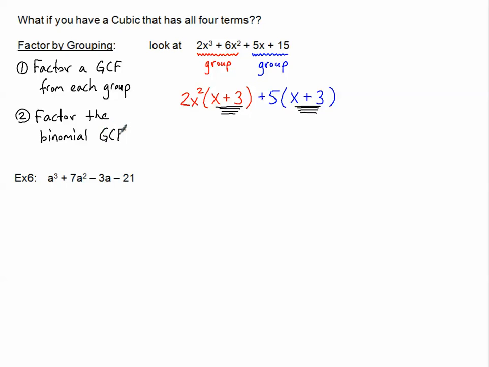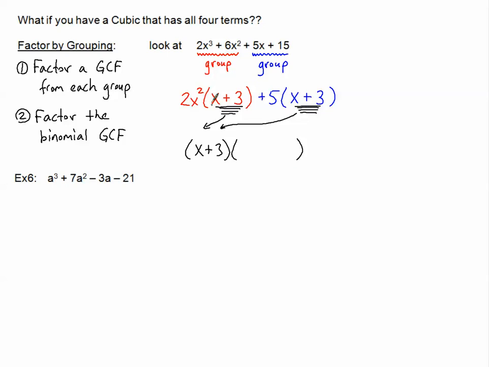We have another GCF that's being shared with these two terms. Now we don't typically factor out a GCF that's a binomial. Usually it's just a little monomial we take out, the 5 or the 2x squared. But if a binomial is shared, we can factor out a binomial as well. And I'm left with x plus 3 factored outside, and whatever's left is going to go inside our parentheses.